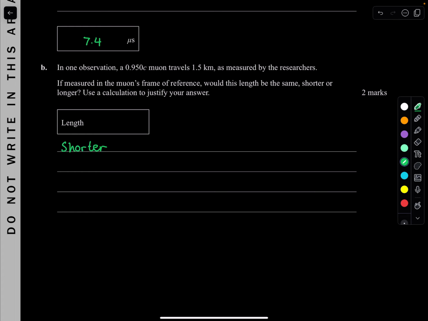Beautiful. So let's calculate. Basically we have a different speed, so we're going to have a different Lorentz factor. So remember the Lorentz factor, right there. The Lorentz factor is 1 over the square root of 1 minus the speed squared over the speed of light squared.